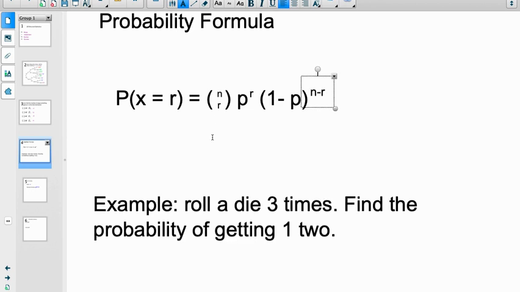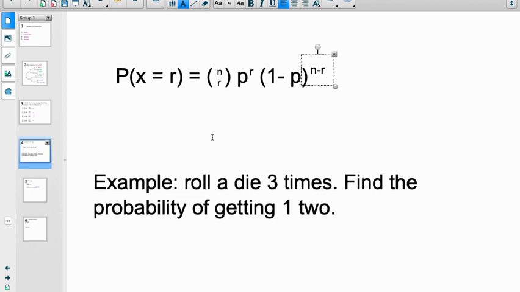So basically, if we were going to roll a die 3 times, find the probability of getting one 2. So n is 3, and we want one 2, so r is 1. The probability of getting a 2, p, is 1/6. So 1 minus p would be 5/6.